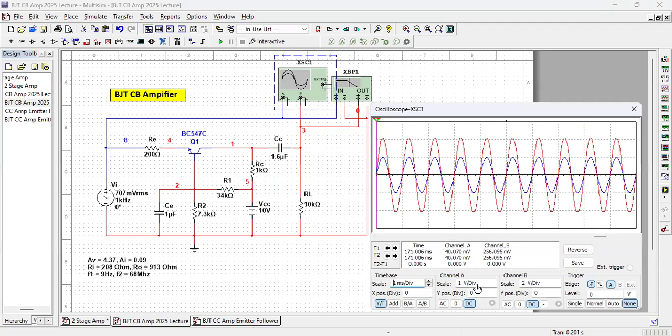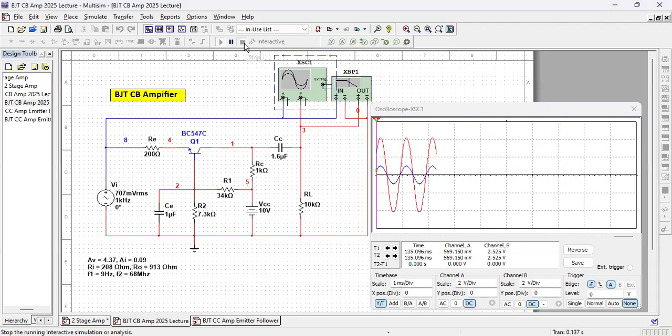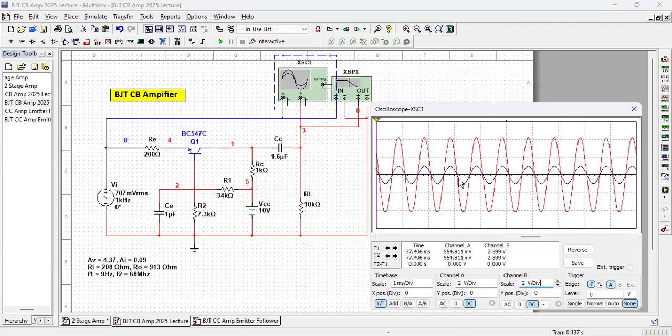If I make both the scales the same, this is also 2 volt per division, this is also 2 volt per division, you can see there is some gain in this amplifier. The red line is the output and the blue line is the input. So a common base amplifier is possible.